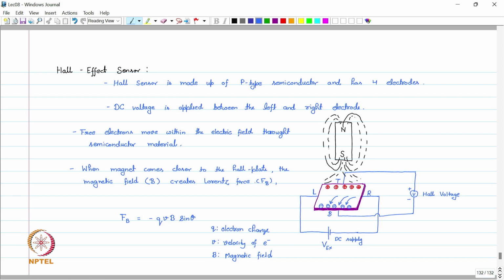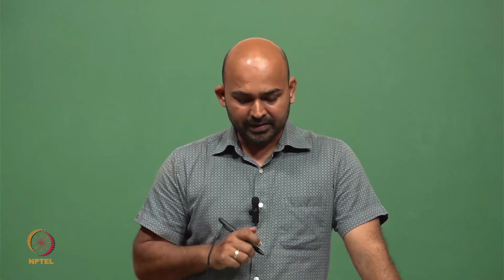Q is the electronic charge, which is 1.6 times 10 to the power minus 19. V is the velocity of the electron, how fast the electron is moving in this magnetic field, and B is the value of the magnetic field applied.